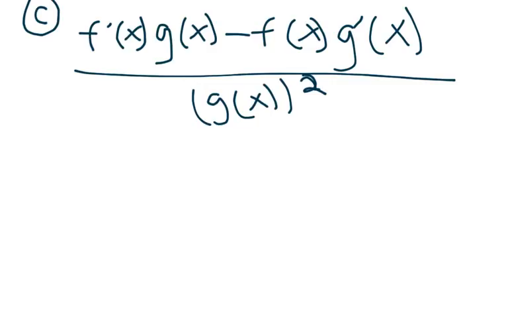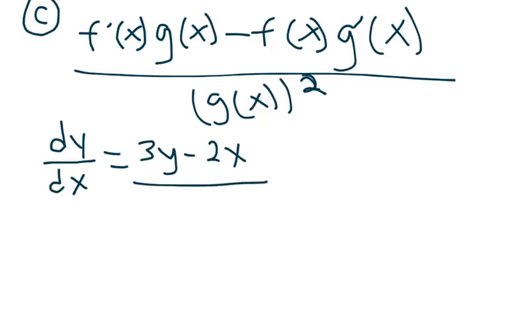So next, we're going to use the quotient rule for the slope. That's dy over dx equals (3y minus 2x) over (8y minus 3x). This is the first derivative.